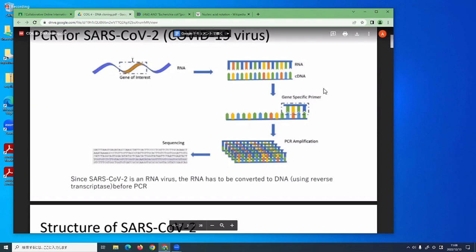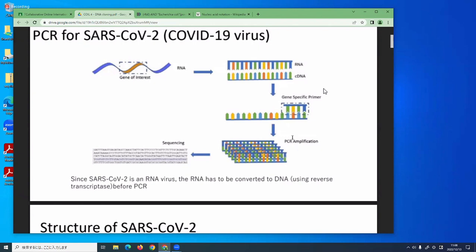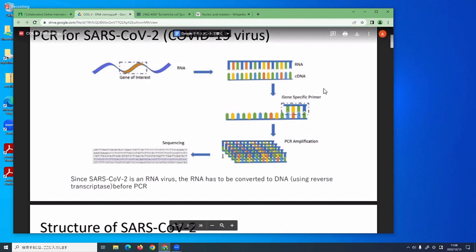So we have a small amount of RNA, and converting the RNA into cDNA will not necessarily produce a lot of DNA, but only after the typical PCR step will you produce a lot of DNA. When we have a lot of DNA, we have a lot more samples to work with, so it's easier for us to proceed with whatever we need to do.